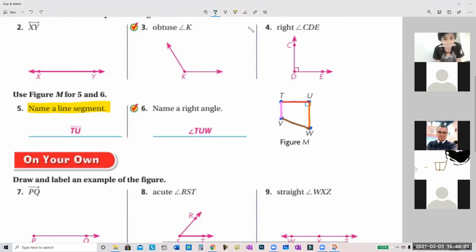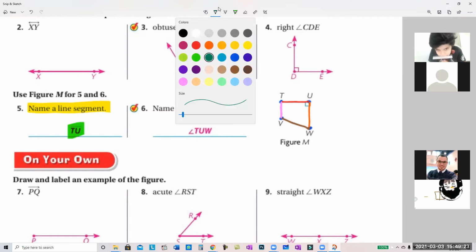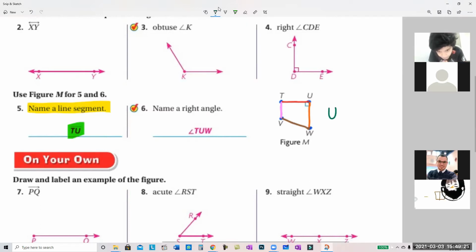TU. That's what's here. We have another, UW. Excellent. So we have UW. That's our other line segment.